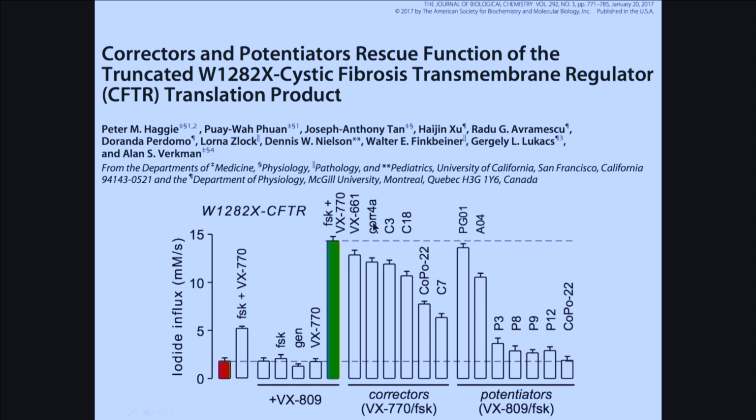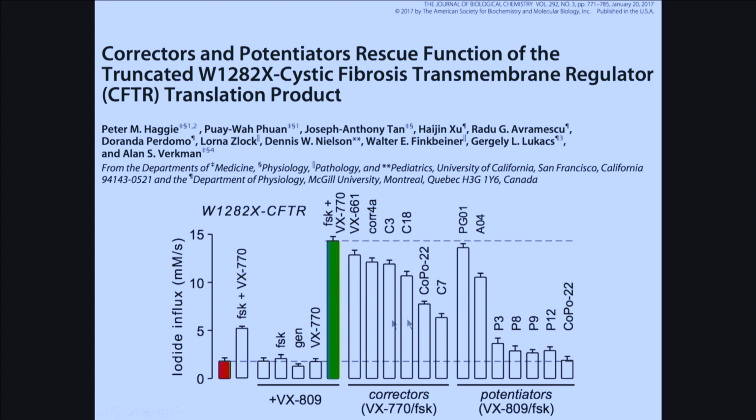But we first looked at available correctors and potentiators. We made a cell line with this 1282X, and this gave very little chloride permeability, the red bar. If we add on Vertex 809 plus 770 plus forskolin, something that activates cyclic AMP, we get much more activity, the green bar.